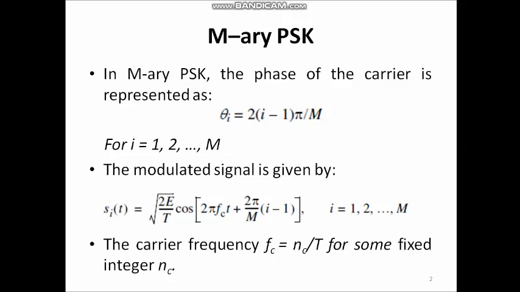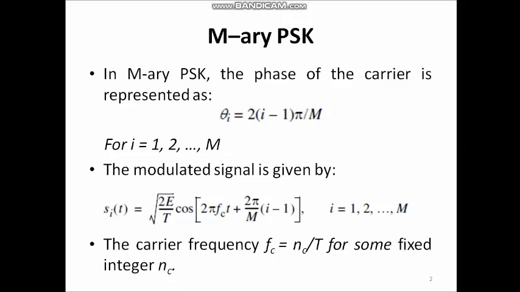We need only two basis functions, only two are sufficient. So, root of 2 by T cos(2 pi f_c t) is the first basis function, and the second basis function is root of 2 by T sin(2 pi f_c t). So, similar to our QPSK modulation, here also only two basis functions are sufficient to represent all possible modulated signals. Therefore, definitely the signal constellation or our signal space diagram is two dimensional.